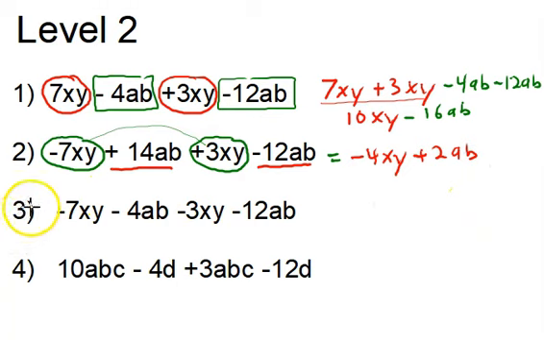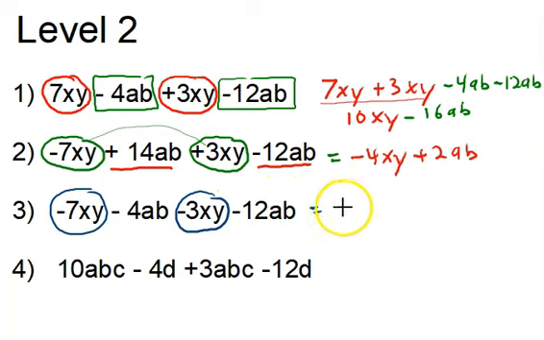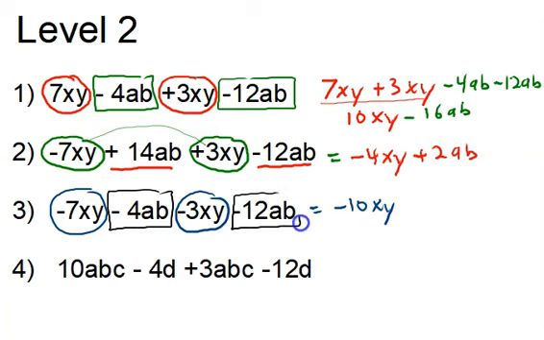Okay, now look at number 3. We do have a negative 7xy and we just take the same sign. So here we have negative 10xy. If you look at this part, this is a negative 4 and negative 12ab, so we can put them together to make negative 16ab.